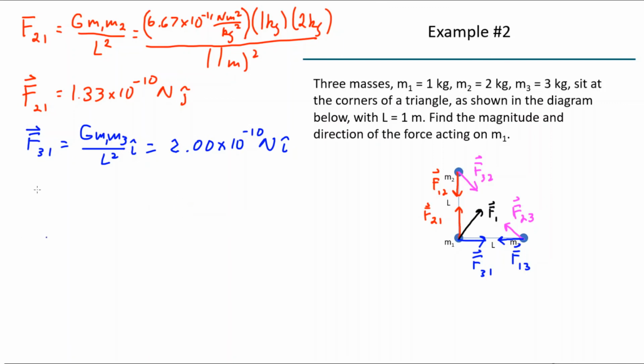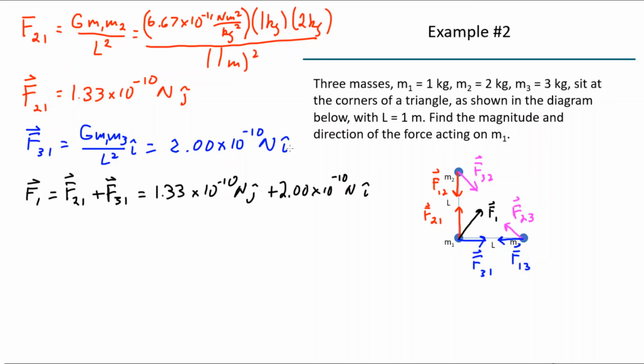Okay, so I have my vectors F21 and F31. My net force on M1, F1, equals F21 plus F31, which equals 1.33 times 10 to the minus 10 newtons j hat plus 2.00 times 10 to the minus 10 newtons i hat.